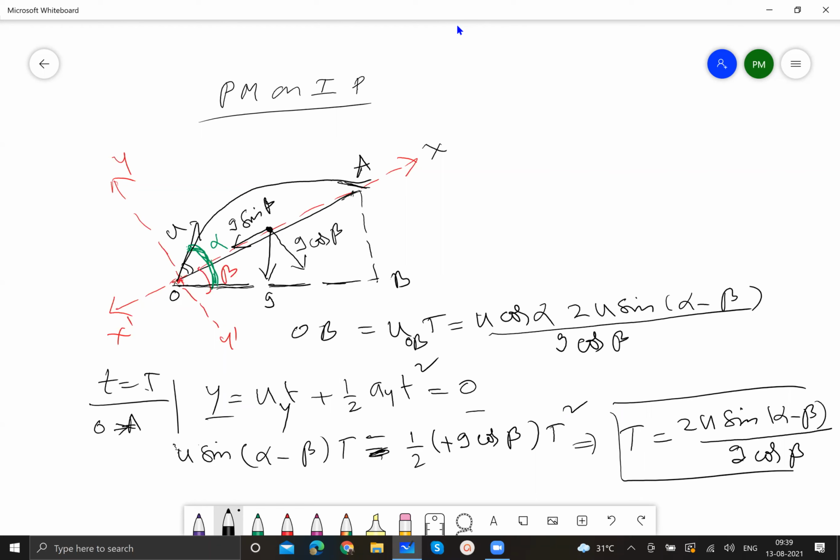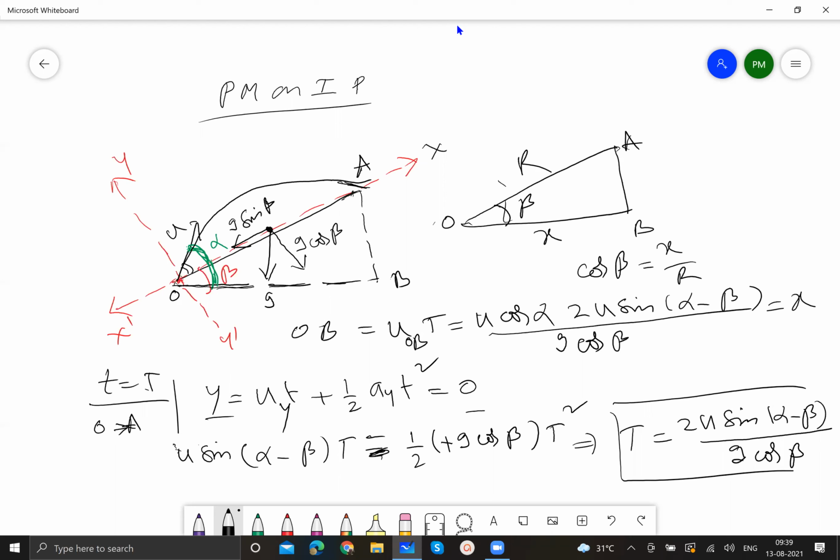And you take cos beta. This triangle I am separately showing. This is A, this is B, this I am taking as X. OA is nothing but R, the range.